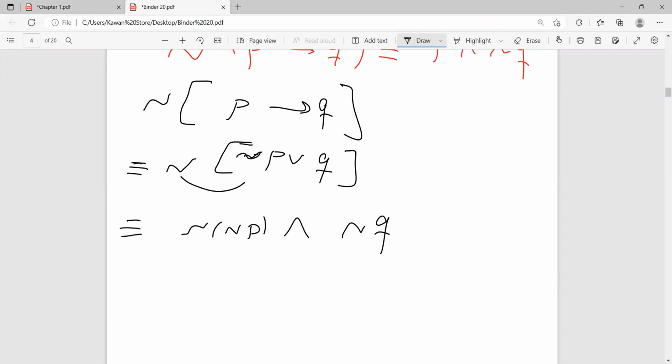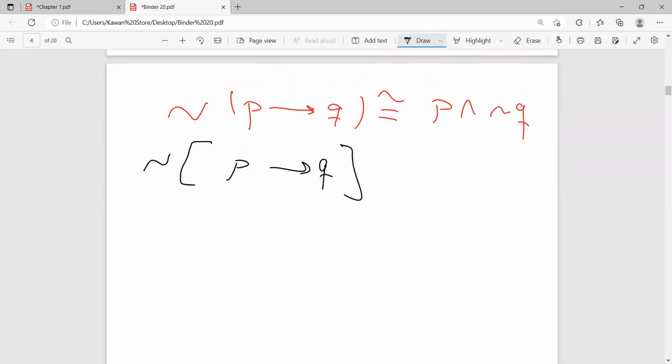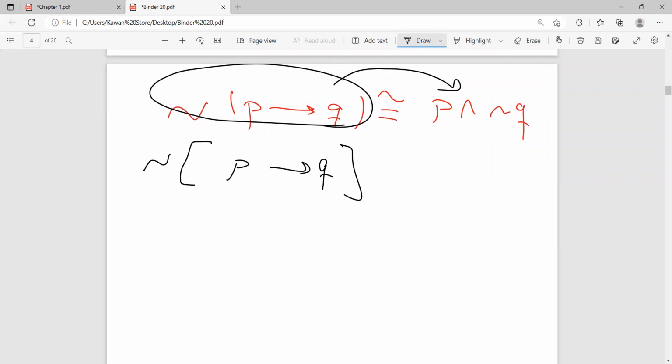Did you understand? No? Okay, I'm gonna repeat it, but quickly. We say you have that one, show it is equivalent to that one. Means that start from left to get right. Understood? Good. Yalla. Or sometimes you can start with the right to get the left.